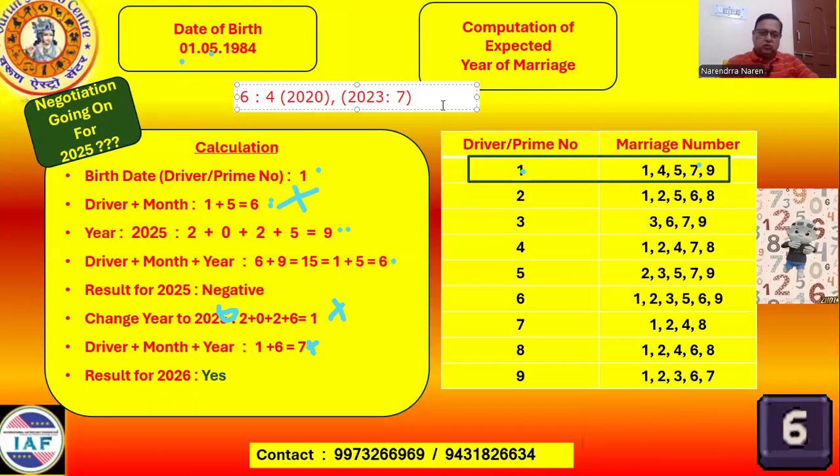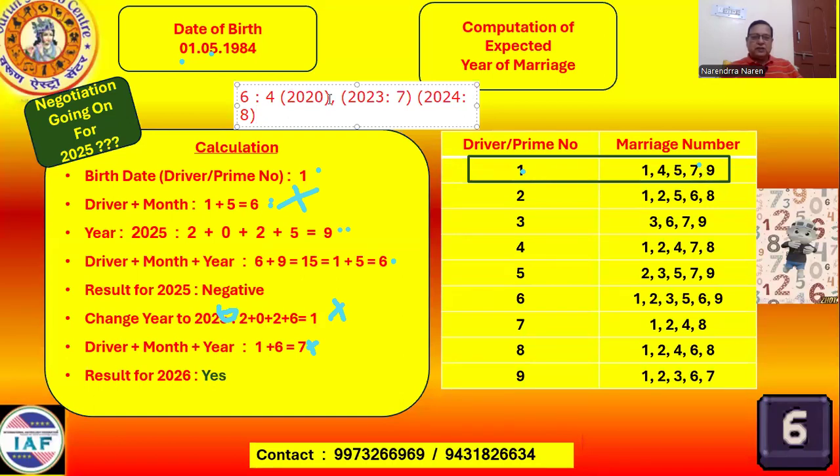Yes, 2024 was also good, because it was giving 8, and when we are adding 8, 6, 12, 14, it was giving 5 year. Thereafter we got 7.